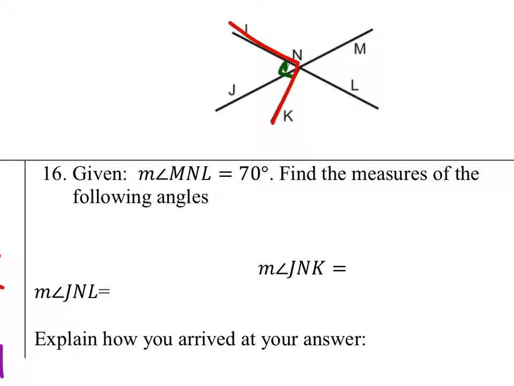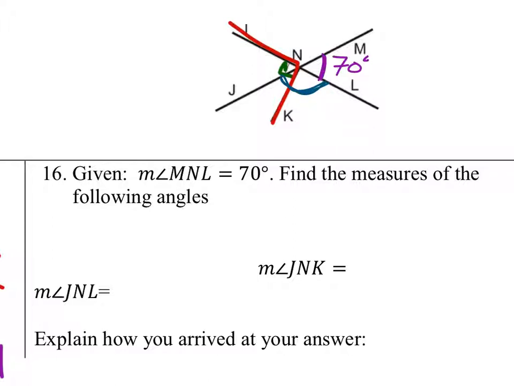So on 16, measure of angle MNL. Let's identify that one first. MNL is this one. And it says that if this is 70 degrees, we need to find the measures of these other angles. Specifically, looking at JNL, let's mark that one, this angle right here.